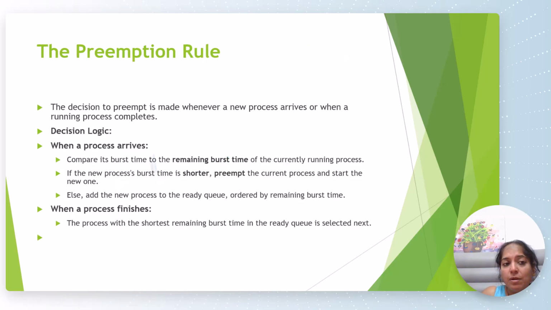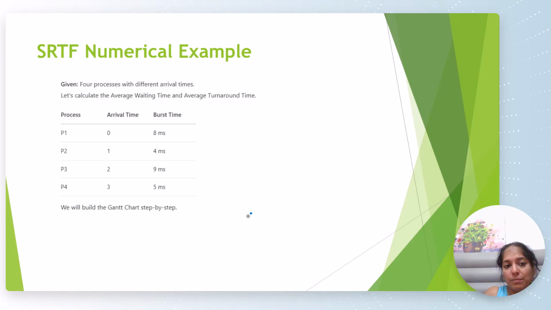The preemptive rule basically compares the new process's burst time to the remaining burst time of the currently running process. If the new burst time is shorter, preempt the current process and start the new one. Otherwise, add the new process to the ready queue ordered by remaining burst time. The process with the shortest remaining burst time in the ready queue is selected first.